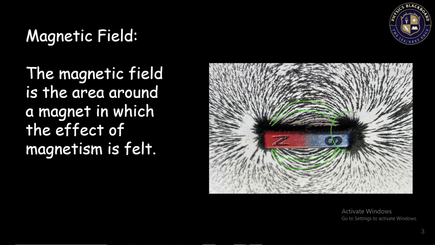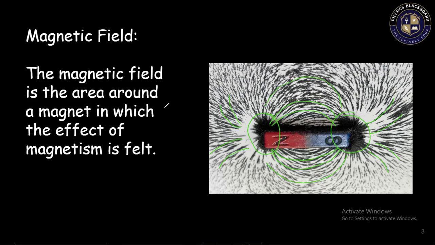You can also observe that most of the iron filings are crowded at the poles. Here you see how these iron filings get arranged themselves around the bar magnet. You can see these patterns.